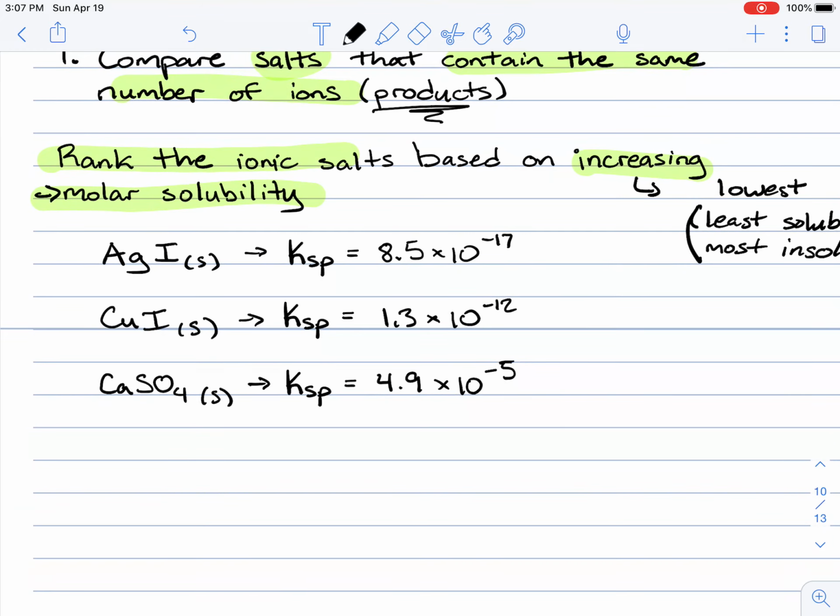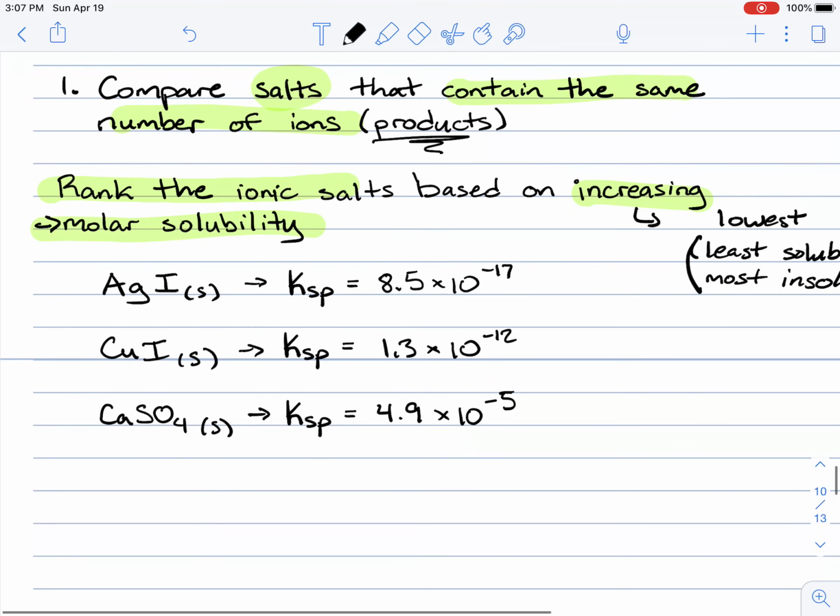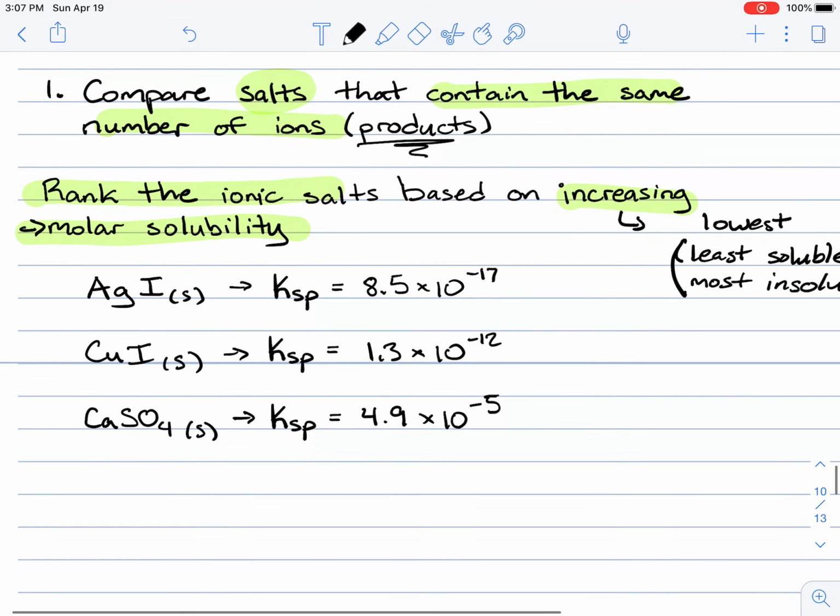Before I start going through that process, I want you to take a look at these substances. We're just going to look at the chemical equations for now.